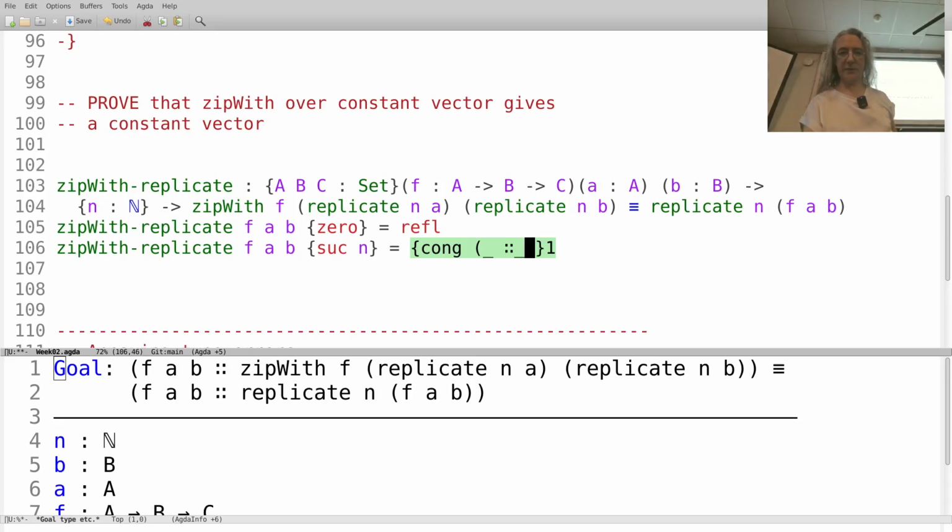Oh, and a close parenthesis and a question mark. So this is a thing that we need to learn to read. Okay, so one thing that happens when you have infix operators in Agda is that you have to put spaces between the inputs and the operators.